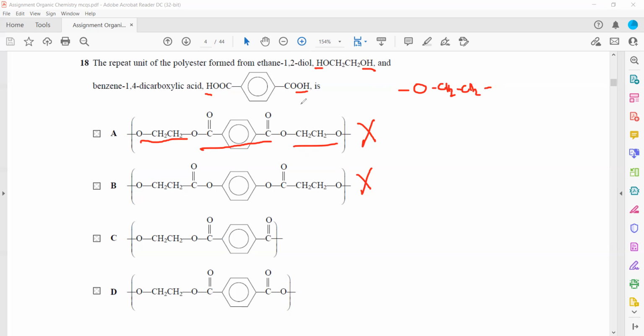So if OH and H are being removed, basically one of them is C double bonded with O. So one will be O, another one is C double bonded with O. Then there's a box, and then C double bonded with O. And because we remove OH, there should be bracket and n. So it matches with option C. So C is the right answer for this one. Is it clear how we construct a polymer?